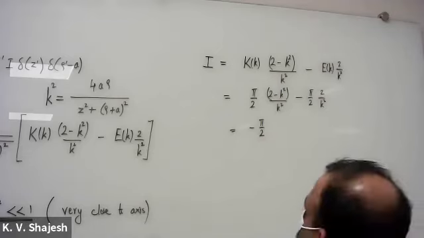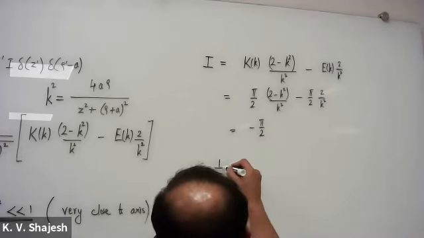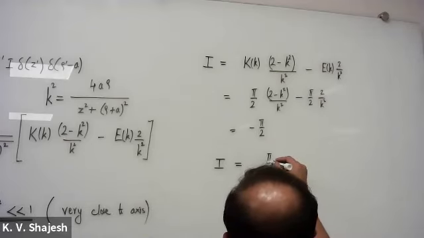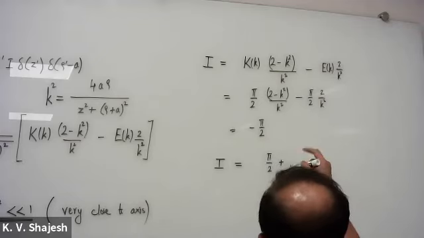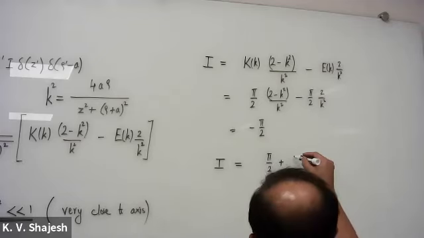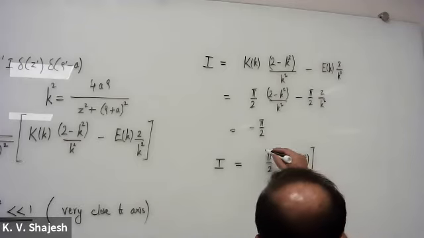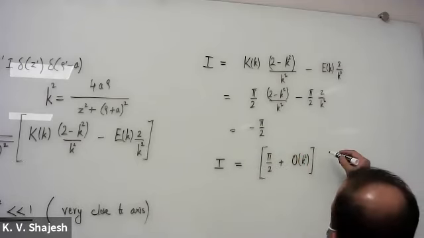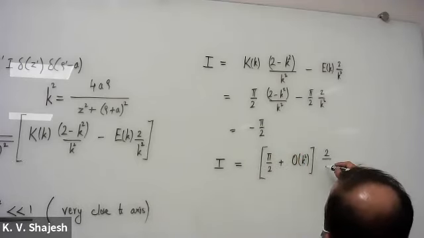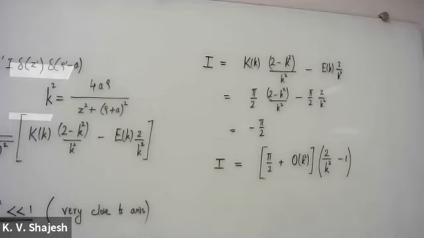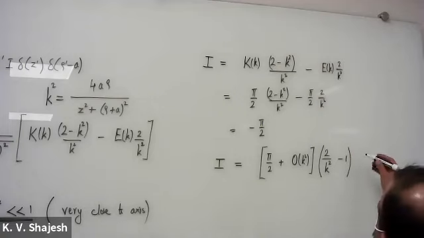Now let's be more careful. So I say, okay, this is equal to pi by 2 plus order k square, right? That's what I've drawn. So order k square. That's the substitution, and this is 2 by k square, right? And let me write this as minus 1. I want to see what I am dropping. That's all.